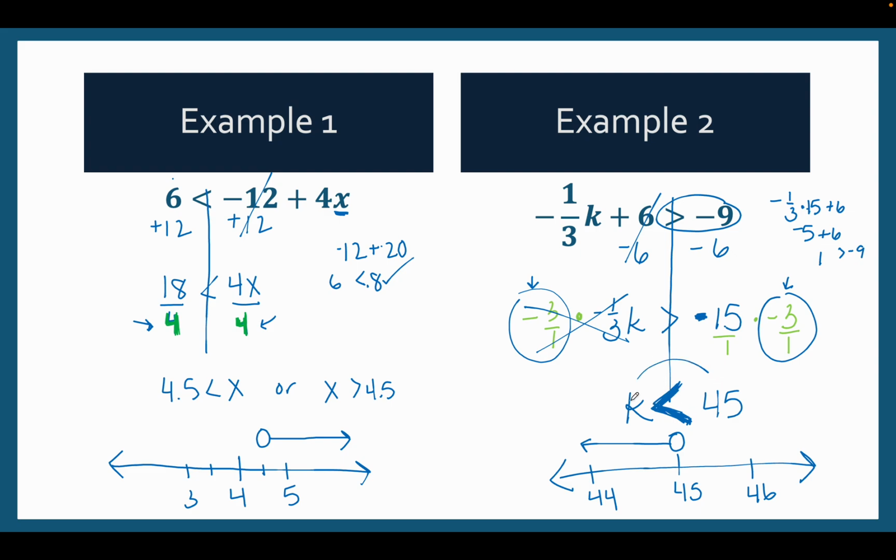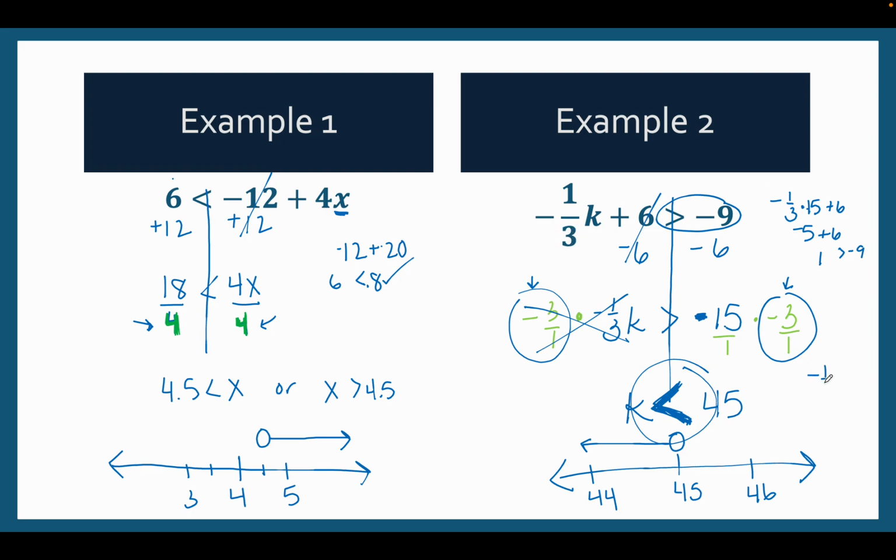If you forget to flip this symbol, and you said k should be everything greater than 45, if you pick a value for k that's greater than 45, it will not give you a true statement. For example, I would pick, let's say, 75, because that's divisible by 3.